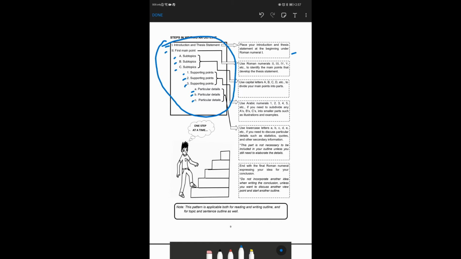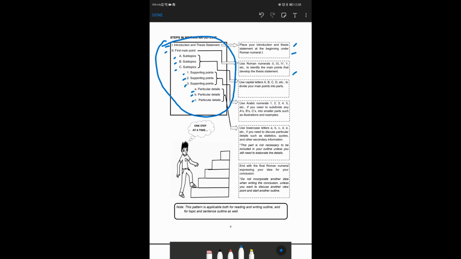You first give your readers related ideas about the topic before revealing your thesis statement, or the very topic of your essay. So again, the first part, Roman numeral 1, will contain your introduction and your thesis statement. Basically, the last sentence of your introduction will be the thesis statement, the topic sentence of the whole essay.